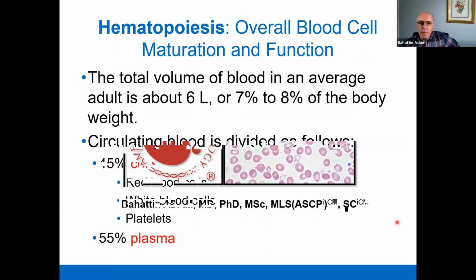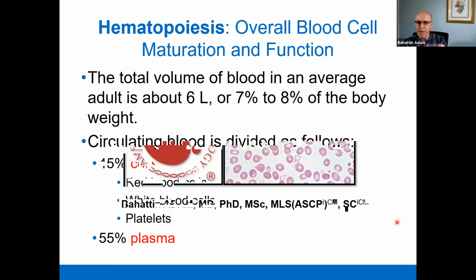We know that the total volume of blood in adults is about 5 to 6 liters. That means 7 to 8% of the body weight is blood.